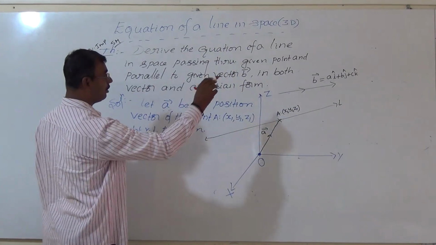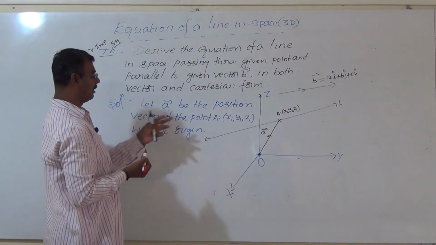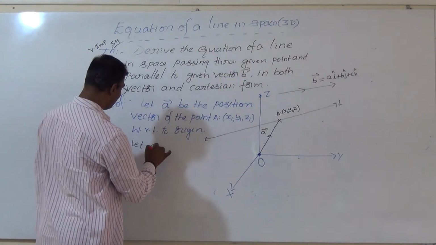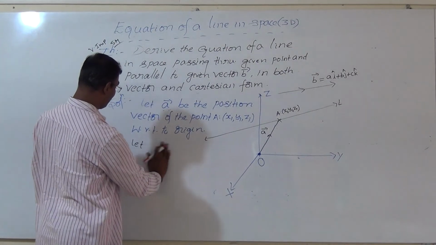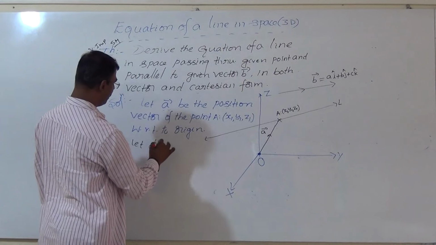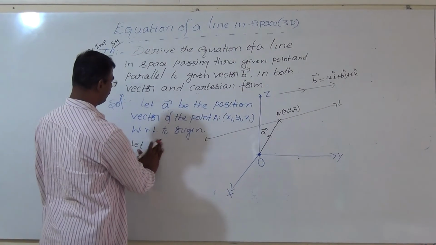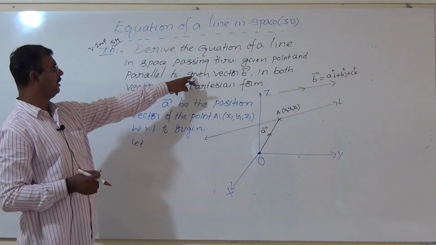A, B, C, what do you call A, B, C? Those are called DRs of a line. Otherwise we can write, consider simply the given vector is B bar.